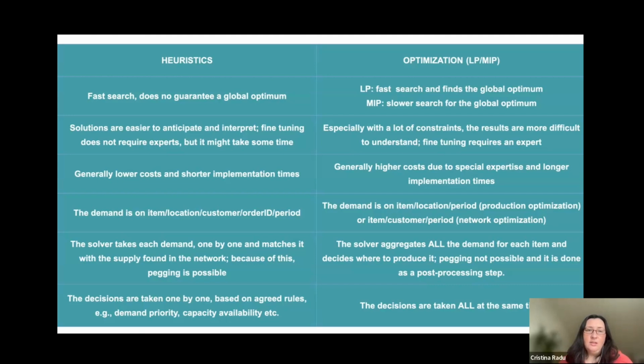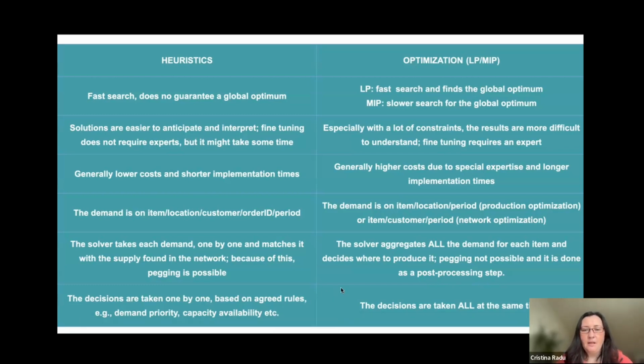In general, heuristics are fast, but there is no guarantee of a global optimum. Whereas for an LP, the search is still very fast, and you find a global optimum. With the MIP, the search becomes slower, as I said. If you want to find a global minimum, the search can be very long, but you can stop the algorithm before and still have a very good solution.